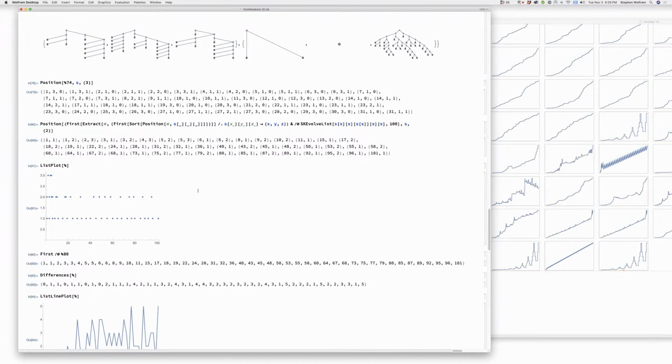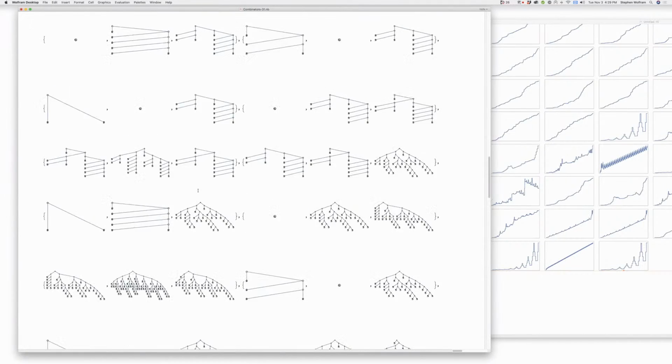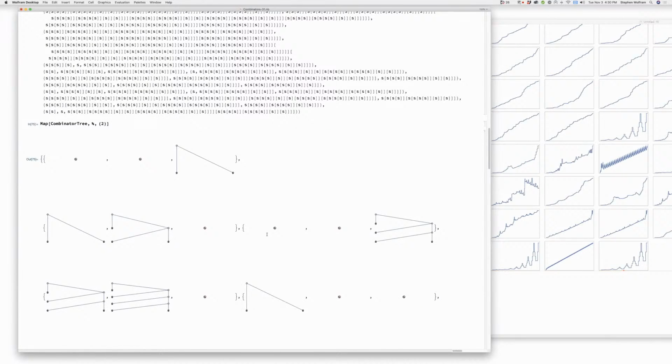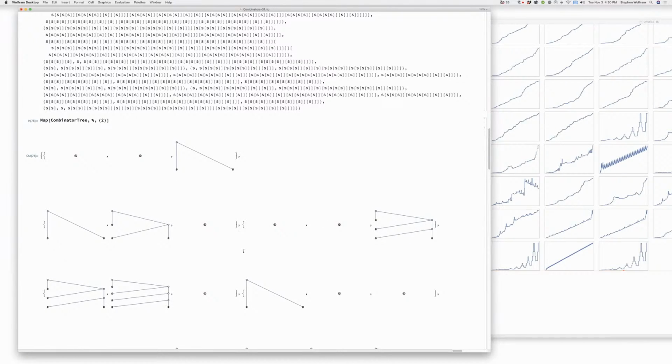You see, I do think that the top levels of these trees are going to repeat in some way. How to think about this?